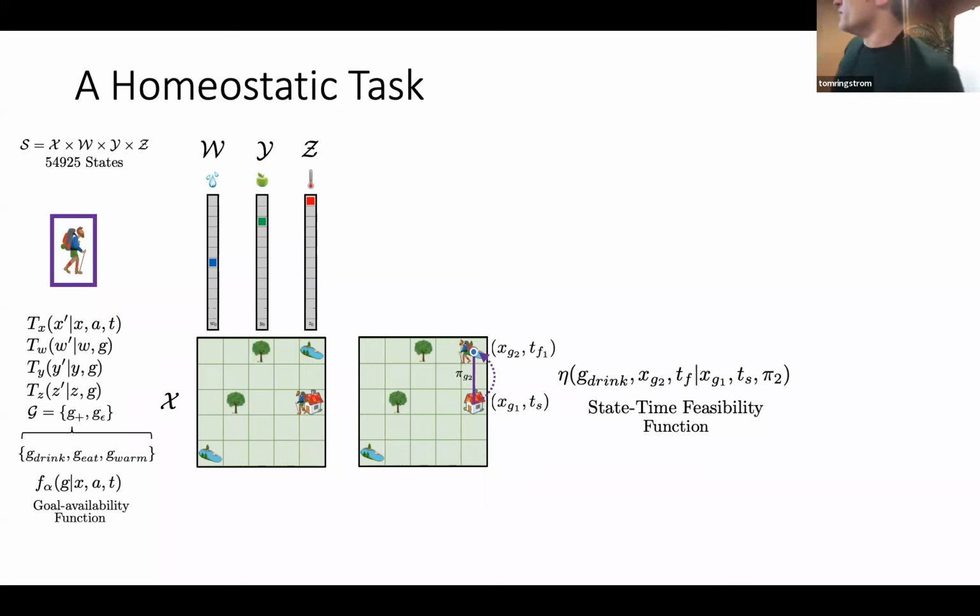This function, which I'll tell you about how to compute later, is a map from your initial state time to your final state time. And it takes in a policy as an argument. So it's just going to map you from this state time to this final state time in one jump, and the corresponding action that's going to be produced is going to act on this higher level state space.